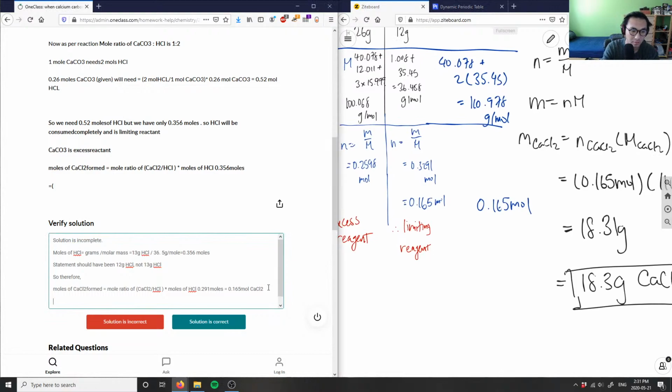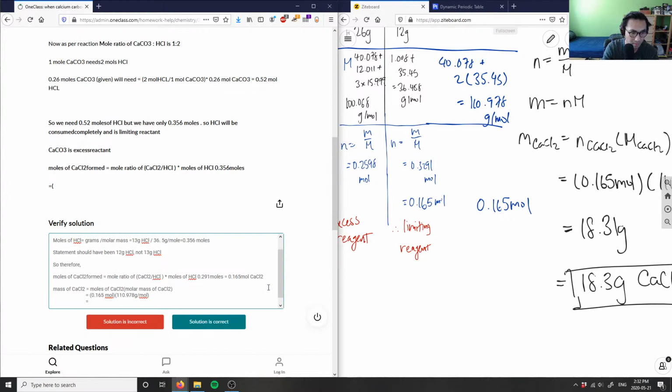And then what we can say is the mass of CaCl2 is going to equal moles of CaCl2 multiplied by the molar mass of CaCl2. I'll just finish off this problem for them. I'm going to say that the moles here is going to be 0.165 moles multiplied by 110.978 grams per mole.